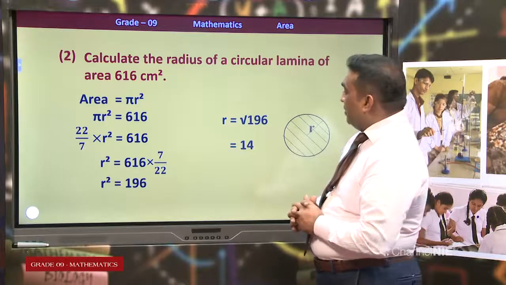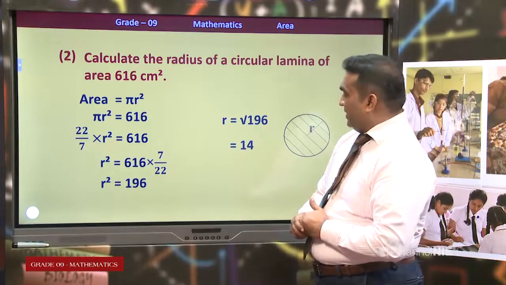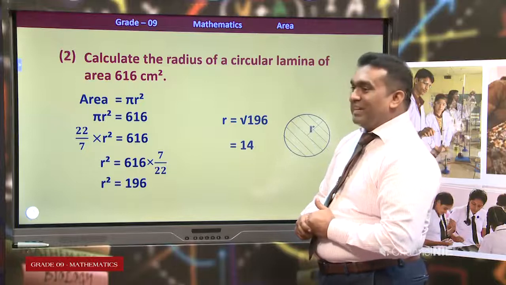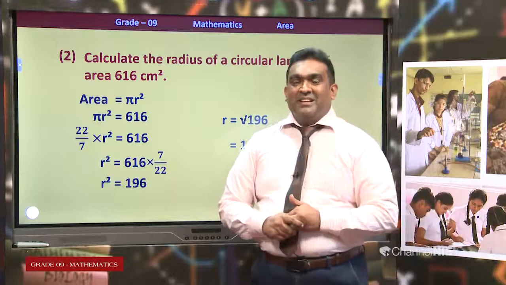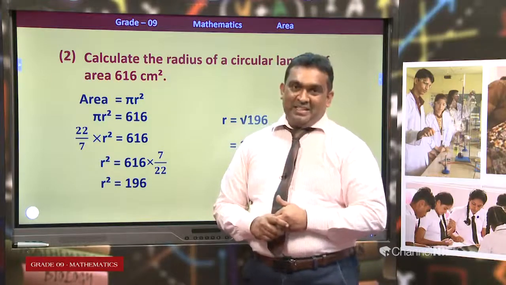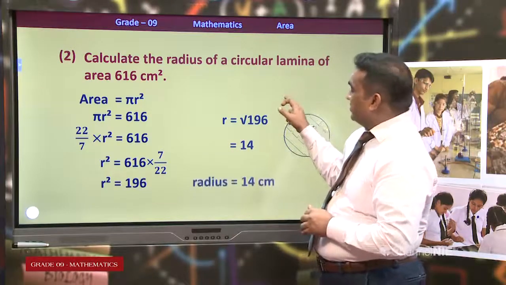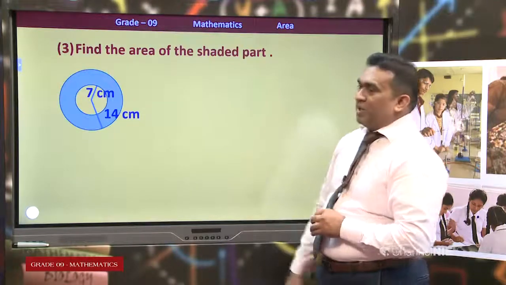Therefore, square root of 196 is 14. Radius of the circle is 14 centimeter. Can you understand it? Find the square root of both sides, right? Radius is 14 centimeter.